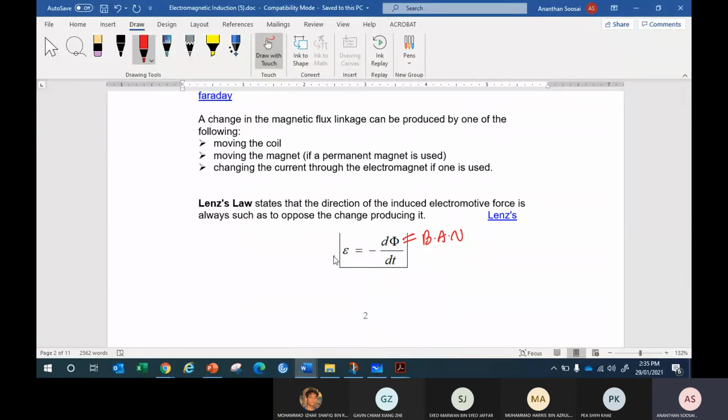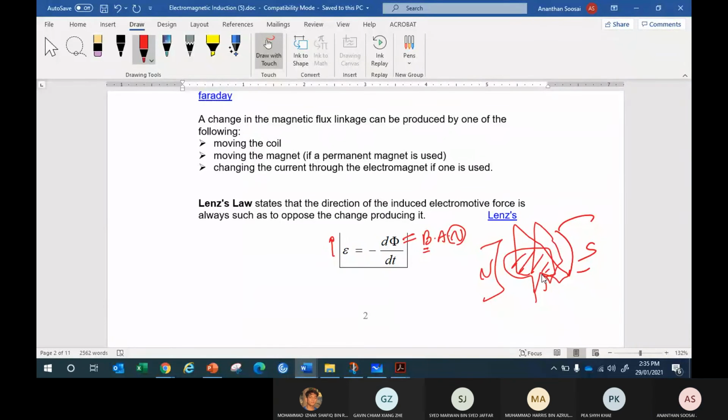If you want to get a greater EMF from a generator, try to have a strong magnet at the side, try to have a big area for the coil, and of course, try to have more turns. The coil must have more turns, in every direction, which increases the EMF.